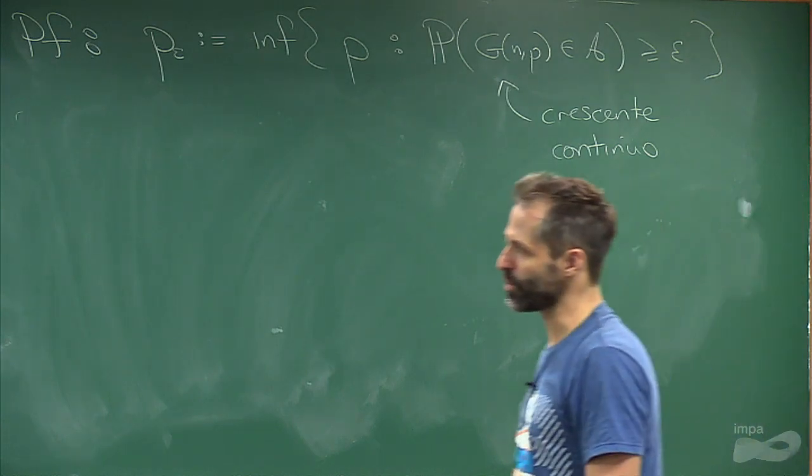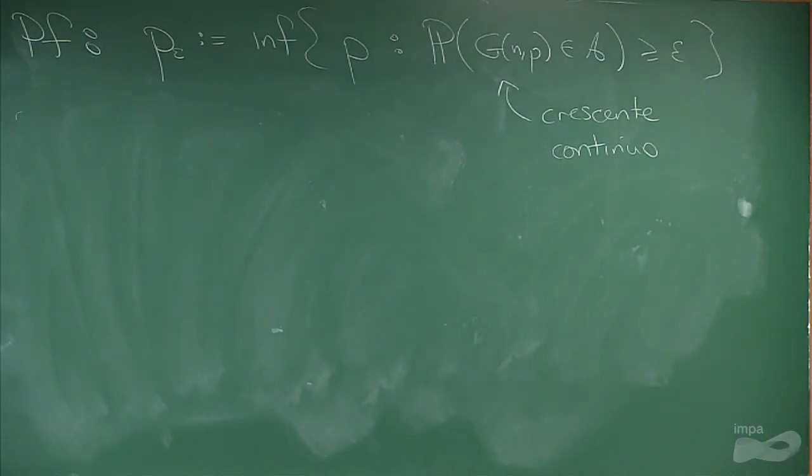So, what do we want to show? What we want to show is that we go from this probability epsilon, right, this probability tending to 0 slowly, to this probability being close to 1 just by multiplying p by a large constant. What do we want?